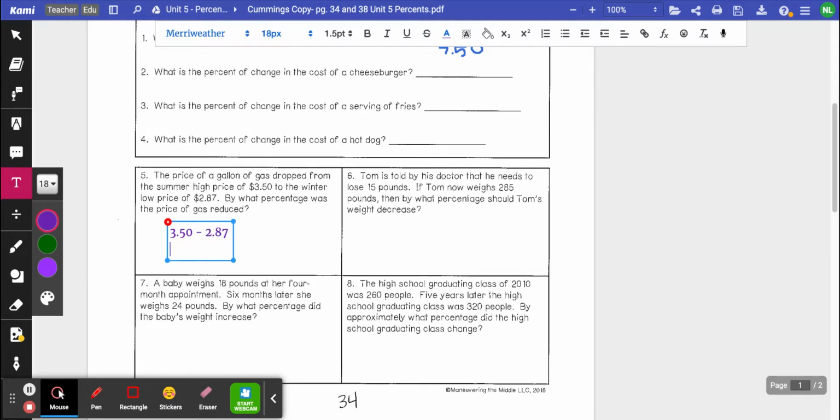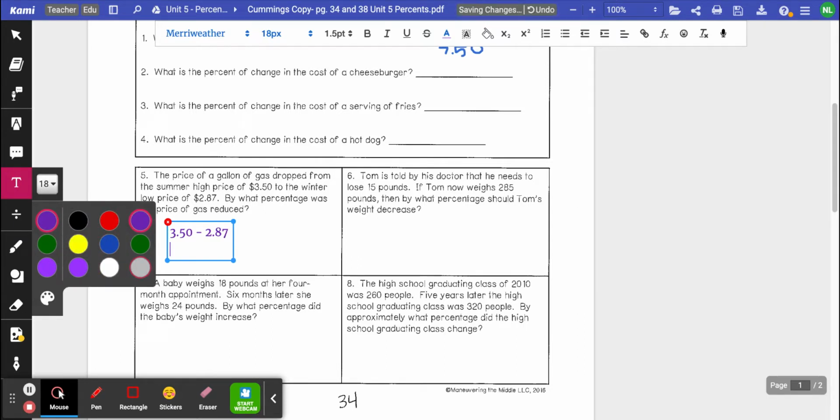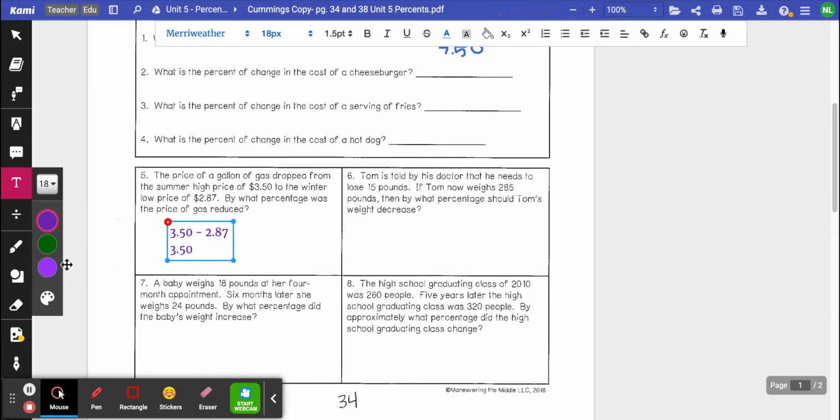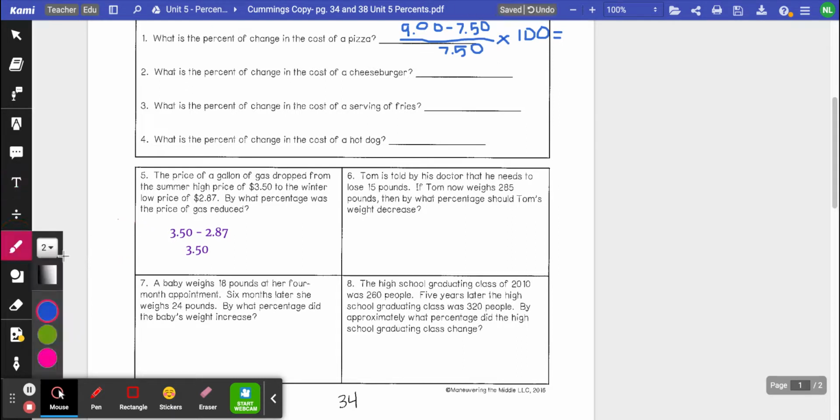When you do that, you're then going to divide it by the original price. So the original price looks like in the summer was $3.50. And I'll center that so you can see what that looks like. And then I'm going to draw in the division line. So you're doing 350 minus 287. You'll get an answer, and then divide it by 350. When you're done, you're multiplying that by 100 to get the percentage.